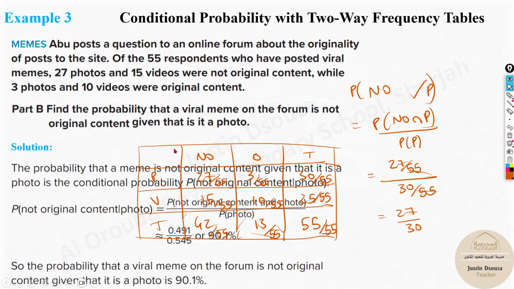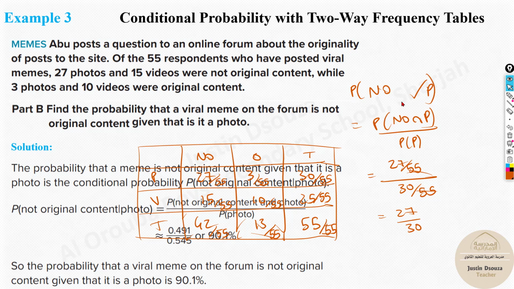So that's the thing. Now, if you're getting confused, I'll quickly recap this because we have done it in detail in the previous lesson. This is conditional probability. Whenever there is conditional probability, first you need to know what is the condition. Condition is always the given statement. Given that this is a photo, that will be the P in the denominator. Then, what is the actual probability of a viral meme on the forum which is not original?